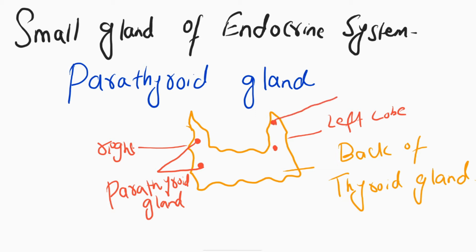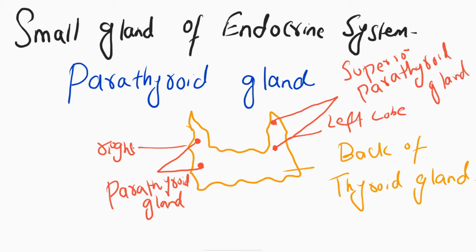The 2 parathyroid glands which are situated at a higher position are known as the superior parathyroid glands, and the pair of parathyroid glands which is present at the inferior position is known as the inferior parathyroid glands.